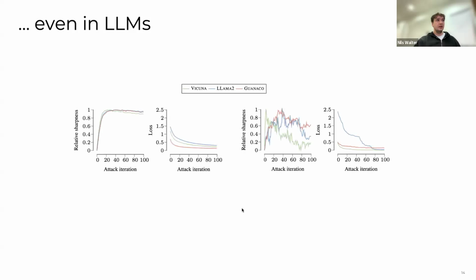So we also find them in LLMs, because by now a lot of people are looking into these jailbreak attacks, which from an adversarial example perspective are, more or less, targeted attacks. The attack that we looked at is GCG, which just finds a certain prefix to your initial prompt such that you get a certain output.